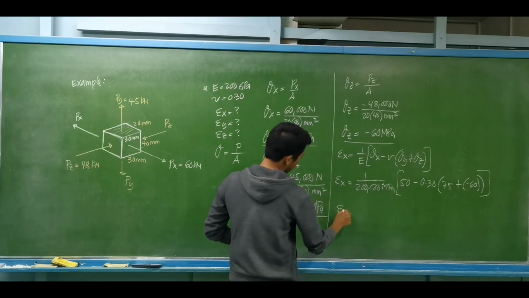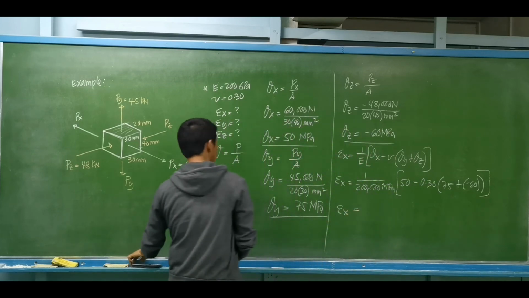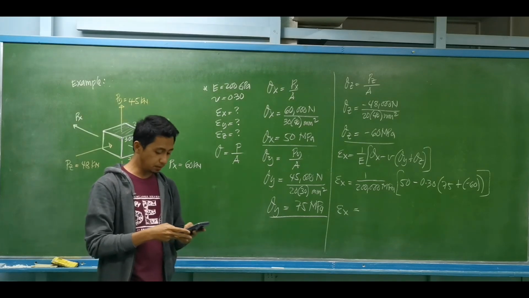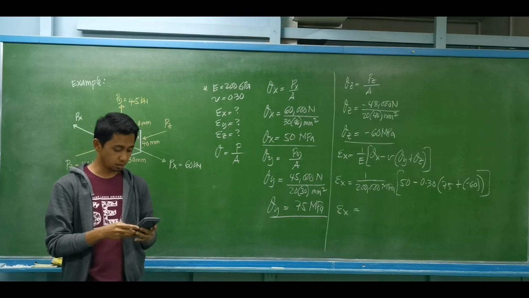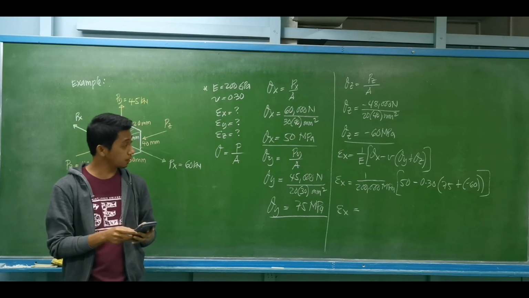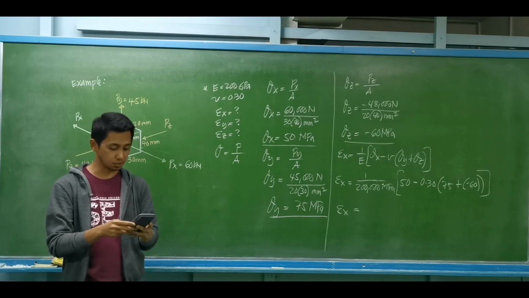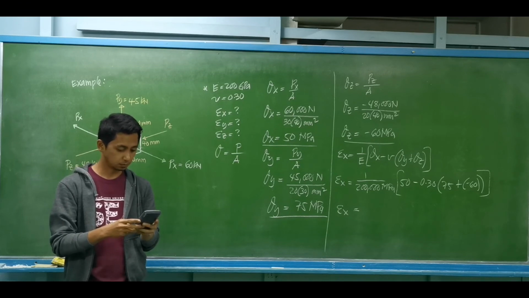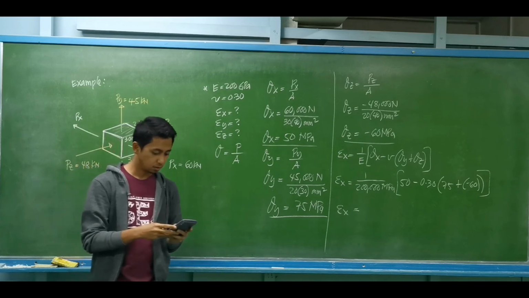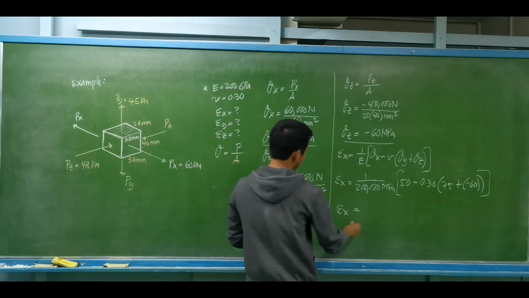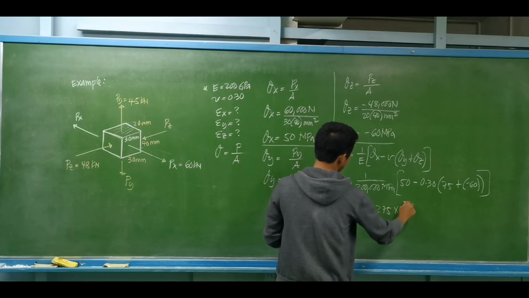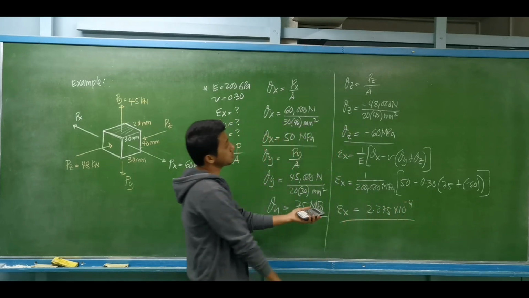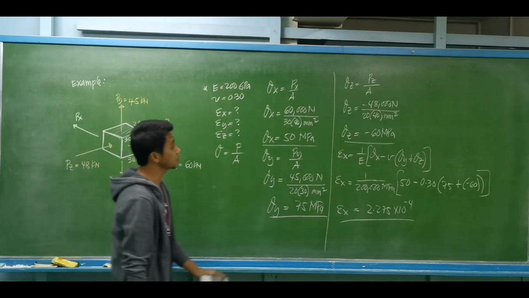Strain is unitless. So it's equal to 50 minus 0.3 of 75 plus negative 60, divided by 200,000. That's equal to positive 2.275 times 10 raised to negative 4. We have a positive strain along the x-axis.